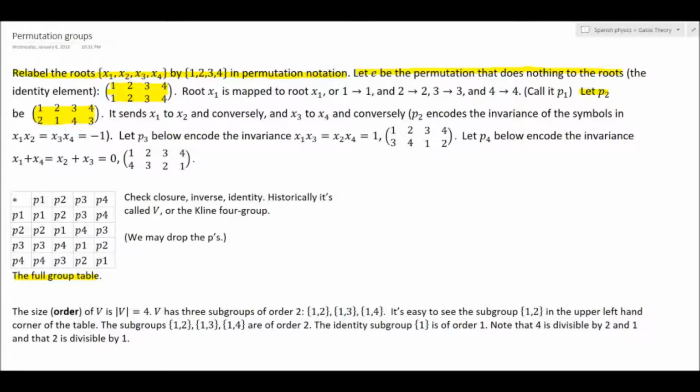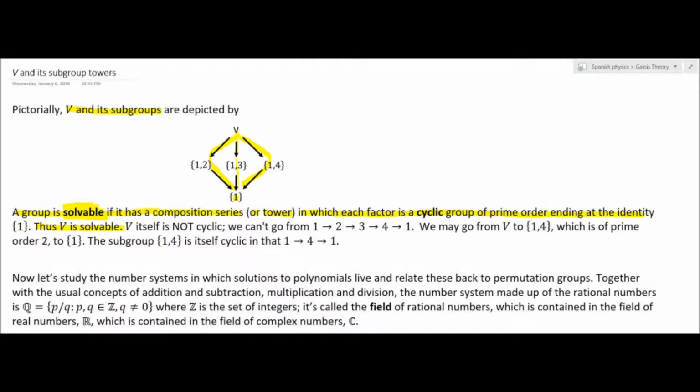It has the trivial subgroup E, or P1, or the set containing 1, and it's of size 1. And you'll notice when you have subgroups that the size of the subgroup divides the size of the group. Everything can be expressed through a diagram with the group V on top and arrows going down to its subgroups of size 2 and those going to the ultimate trivial subgroup 1.